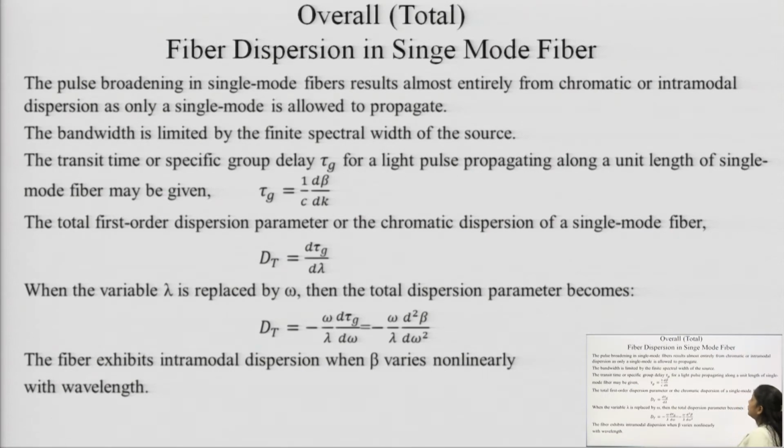Now, the overall fiber dispersion in a single mode fiber. We have talked about the multimode one, where the total dispersion is equivalent to intramodal plus intermodal. Intramodal should comprise both waveguide dispersion and material dispersion, but in multimode fibers waveguide dispersion is negligible compared to material dispersion, so total intramodal dispersion can be equivalent to material dispersion.